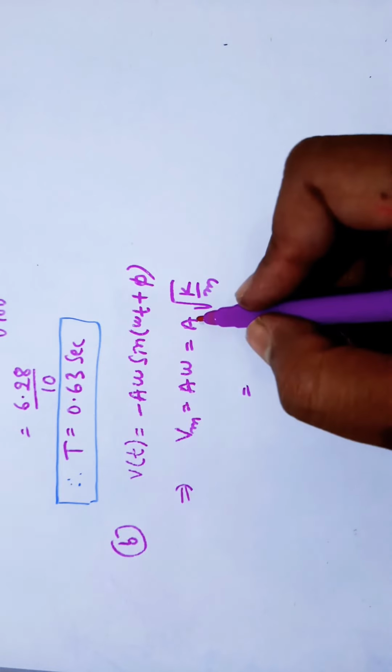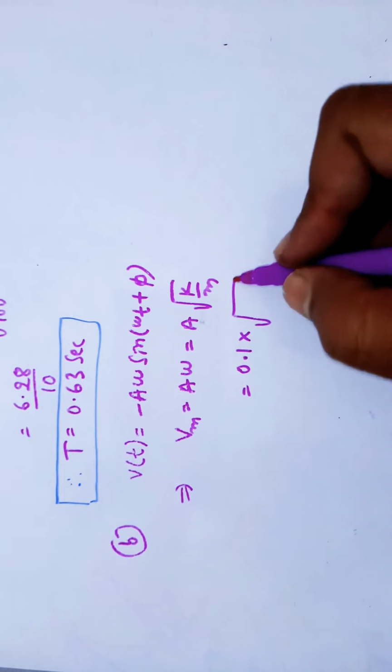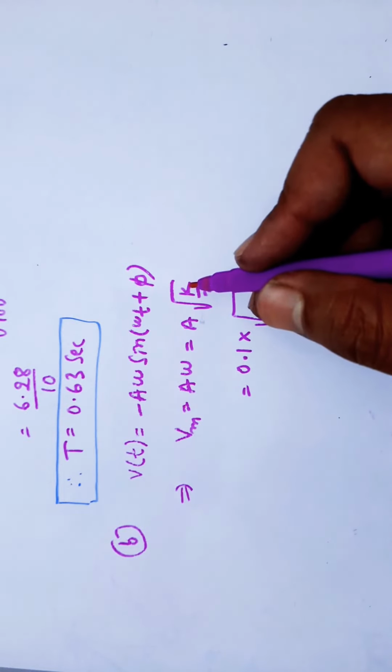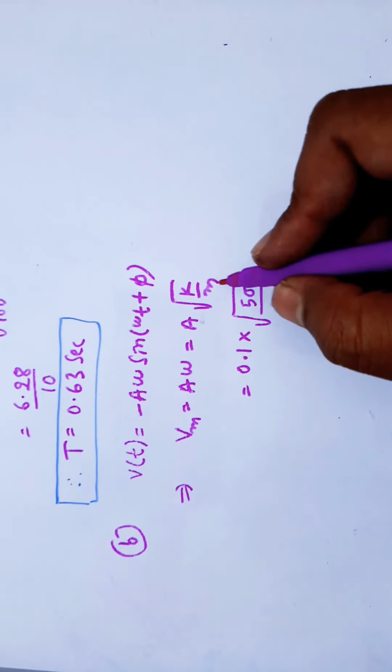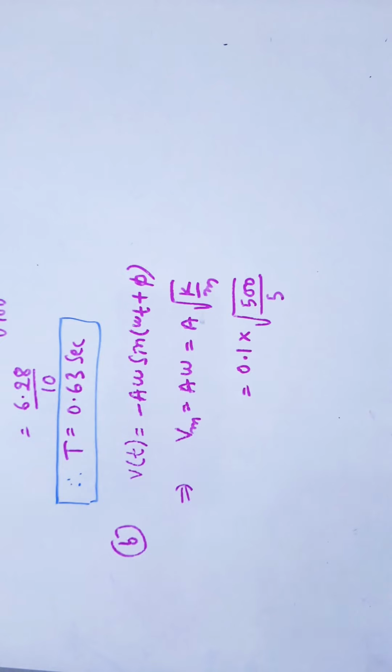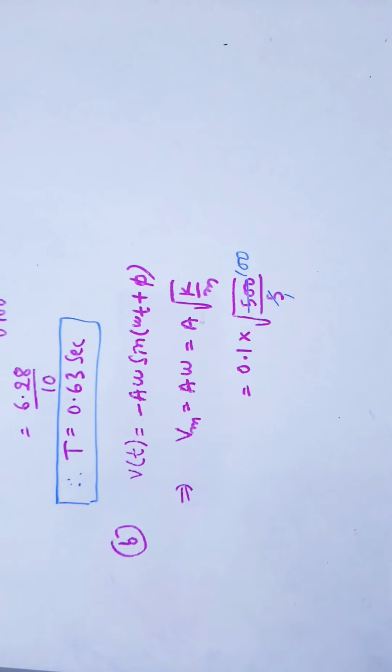The displacement is given, that is 0.1, into square root of k by m, where k is the spring constant 500 and mass is 5 kg. So 5 ones are 5, 500 is 500, so 0.1 into square root of 100. Square root of 100 is 10. So that is 1 meter per second. So the maximum velocity is 1 meter per second.